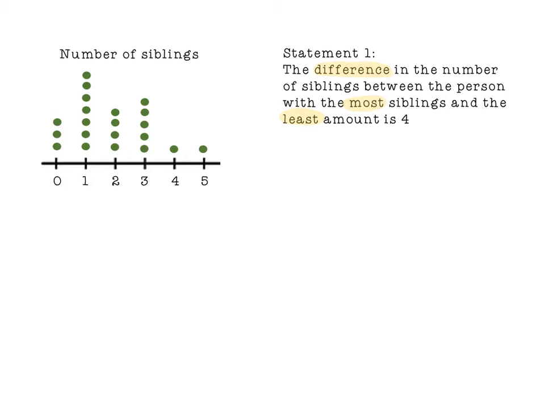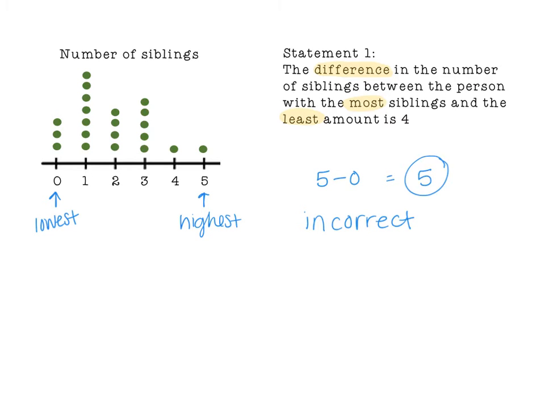So I know that the highest number of siblings is 5, and the lowest number of siblings is 0. And when I do the difference, 5 minus 0 is 5. So this statement is incorrect. And the correct answer would be 5.